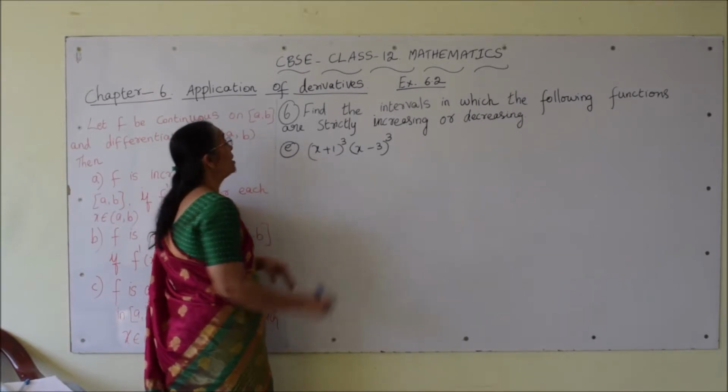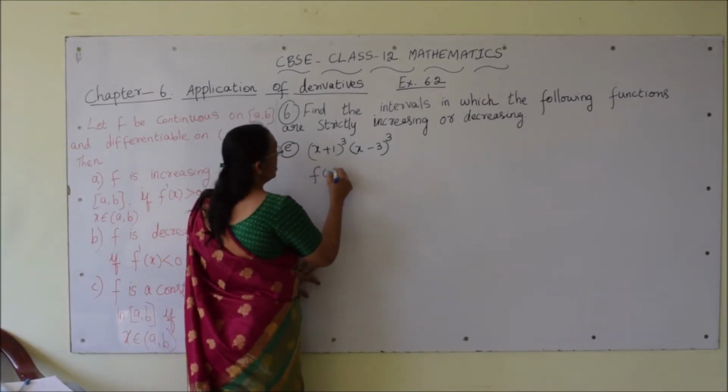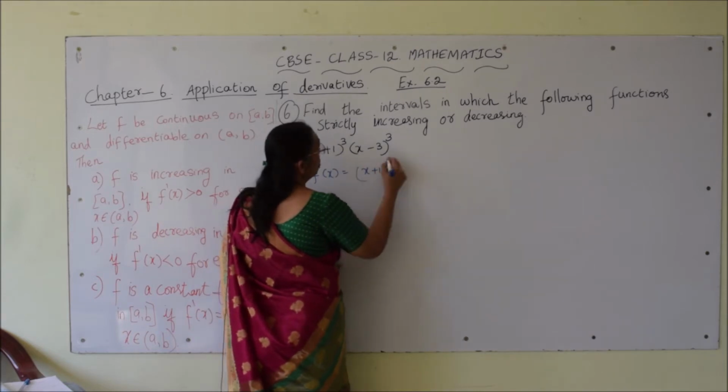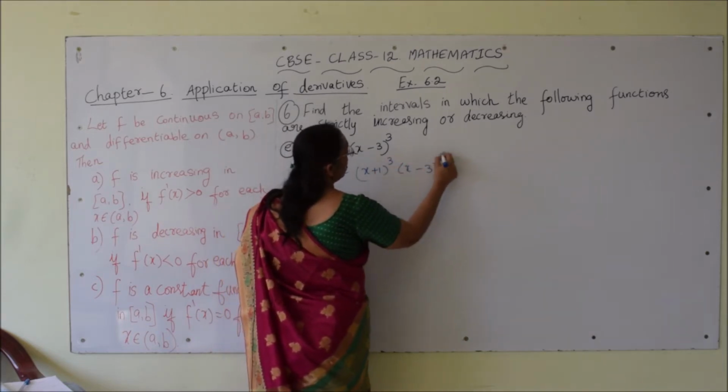Sixth problem, part E. Given f of x as (x plus 1) whole cube times (x minus 3) whole cube.